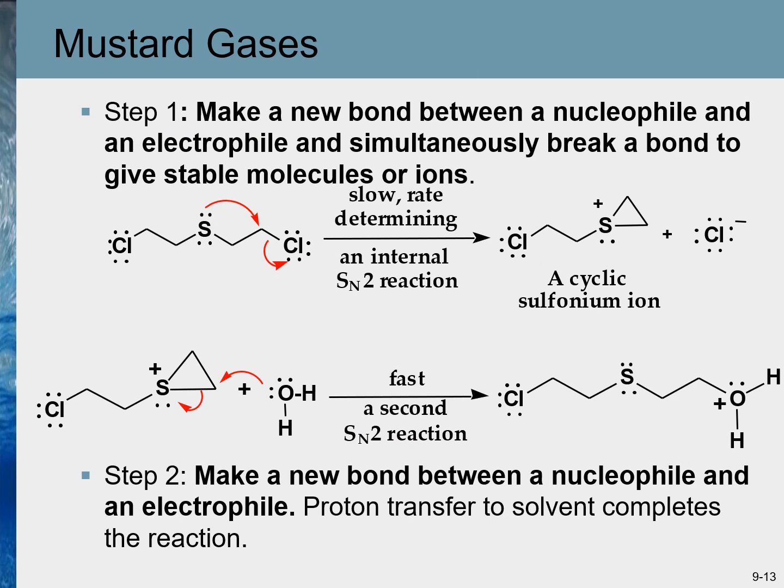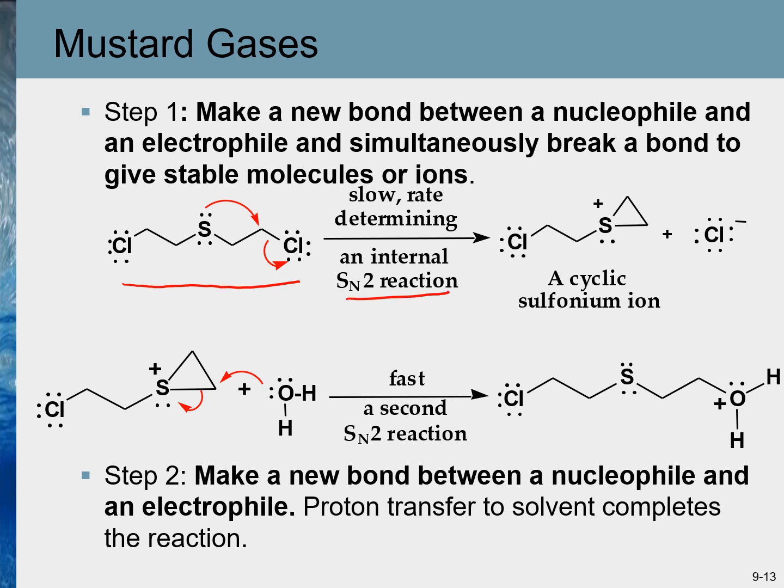In normal SN1 reactions, the first step is the loss of leaving group, and that step generally is a slow and rate determining step. However, in case of mustard gas, although the nucleophile does not play any role in first step, it is an internal SN2 reaction.